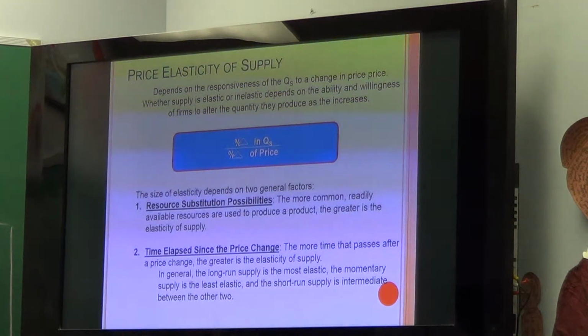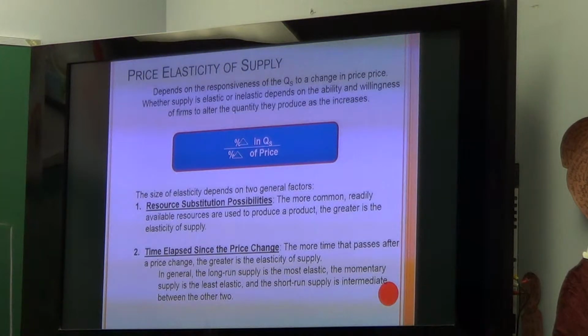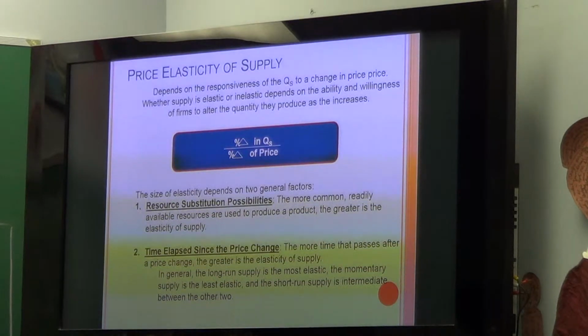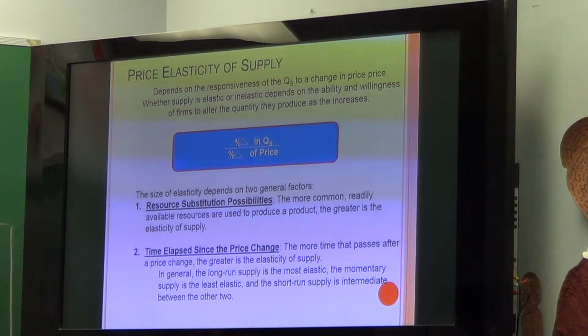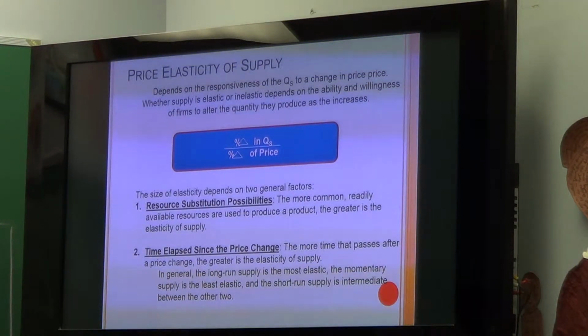One being the resource substitution possibility. Resources are those things we use to make other things. The more common, readily available resources are used to produce a product, the greater is the elasticity of supply. So it's more sensitive to changes in price.